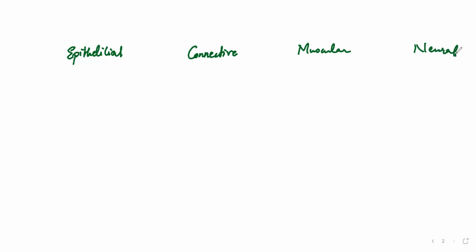So if we see in epithelial tissue, again over here we have two types. Simple and compound. Okay, so the simple tissue is again divided into three types.